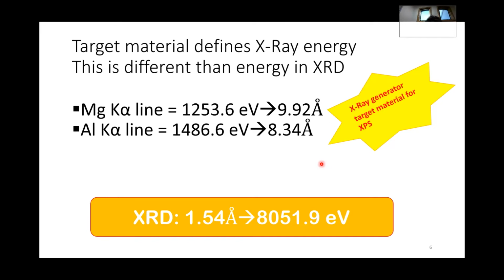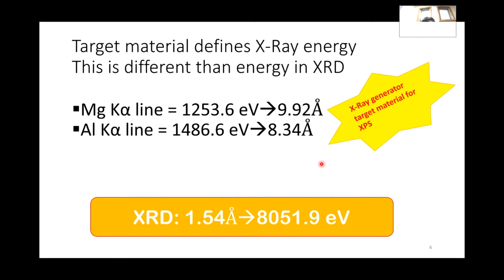But XRD uses 1.54 angstrom wavelength, and that translates to a lot more energy. So 8,000 electron volts, or 8 kilo electron volts, if you will. So some differences in the X-ray sources for these two different instrumentation types. So kind of bear that in mind.